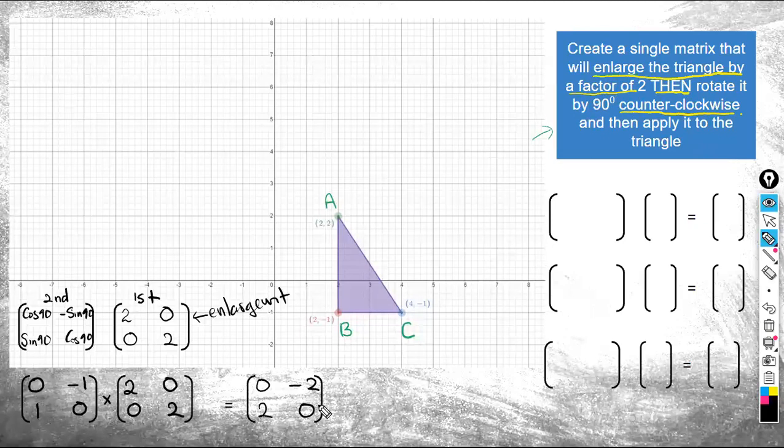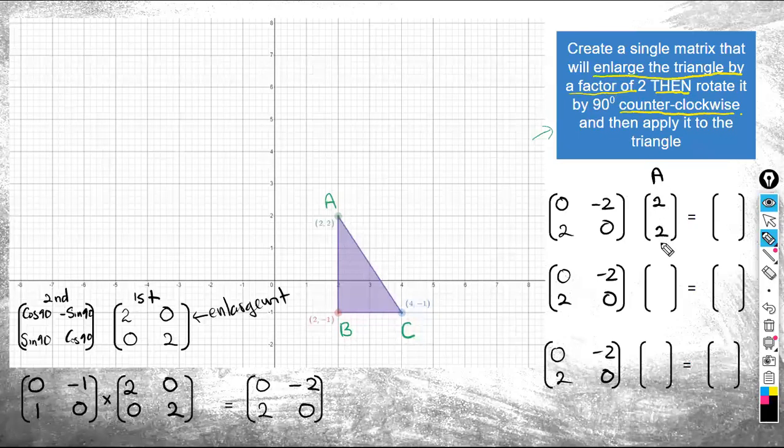Great. Now, that's not the end of the question, right? We're now kind of in the middle of the question. What we need to do is take this matrix, 0 minus 2, 2, 0, and we have to multiply it by all the points, one by one, for the examiner. So for point A, we have to multiply by 2, 2.